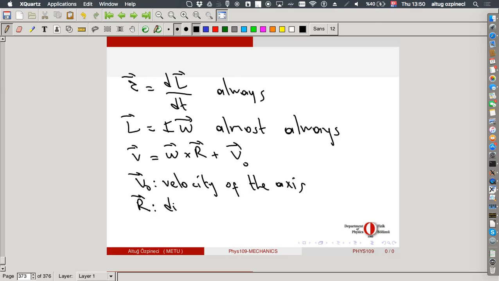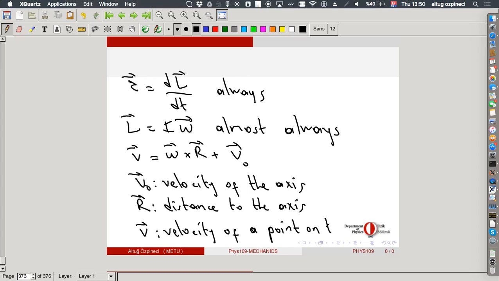R is the distance to the axis. And V is the velocity of a point on the rigid body. You cannot choose omega freely.